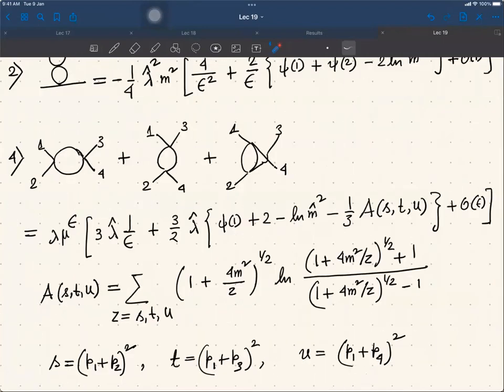This has a logarithm where in the argument z appears, z being s, t and u. So this is an example of a computation where log p squared will appear. Log m squared has appeared in many places, as we have already seen.